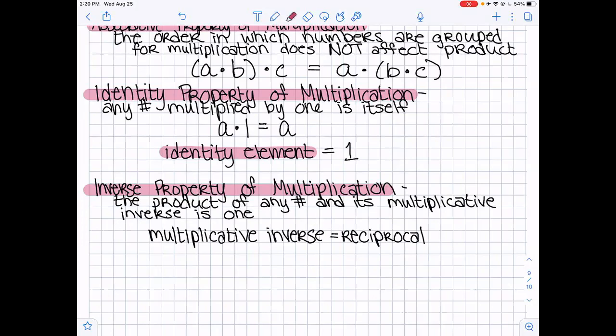Does anybody know what the word reciprocal means? You flip the fraction upside down, right? Okay, so the example is A times 1 over A equals 1. The multiplicative inverse is moving it to the bottom of the fraction. Flip it over.